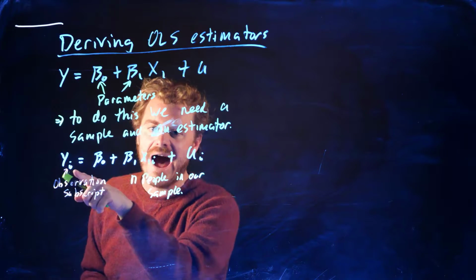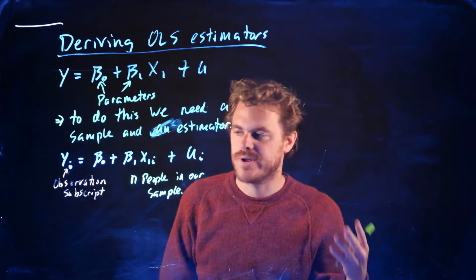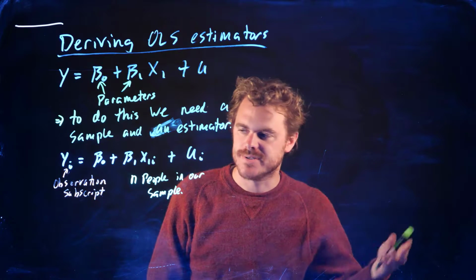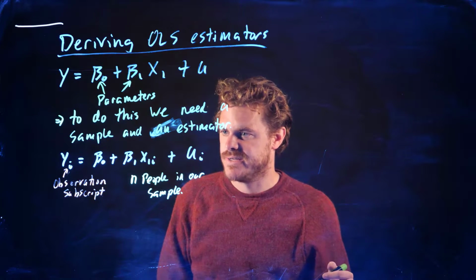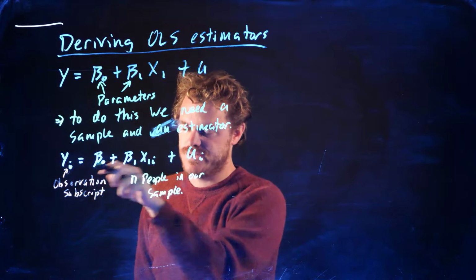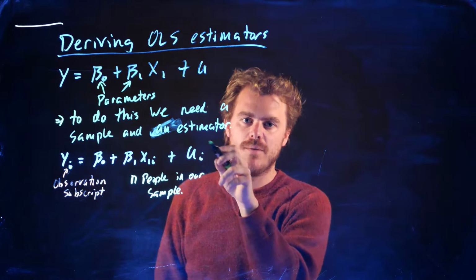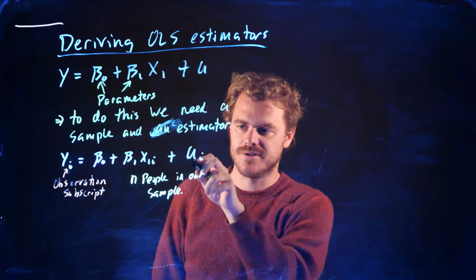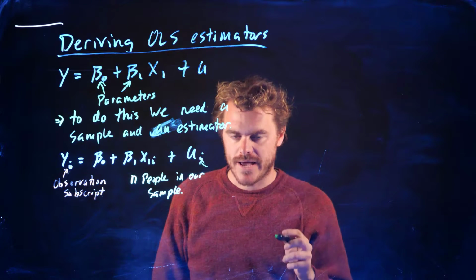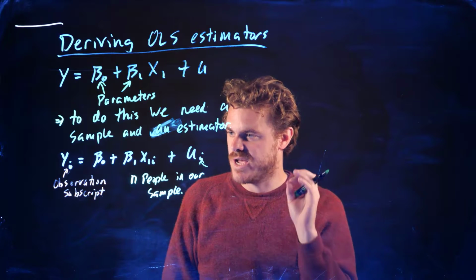This is the ith person's value for y. So if i equals 3, then this value, y subscript 3, is the third person's, let's say, wages or something like that. So notice that with both of our variables, y and x, there's an i subscript. And every person in our sample is going to have some level of u. I mean, we don't get to see u, it's unobserved, but everyone has their own.